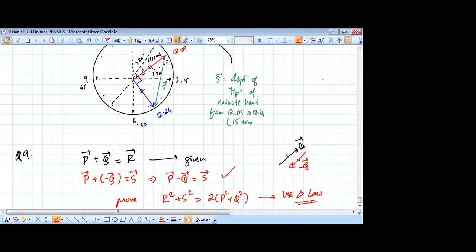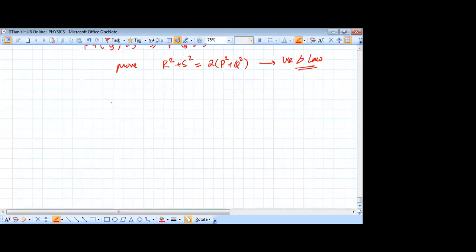Okay, so hope you understood the question. So just use triangle law. Na? So magnitude of R is this. If theta is the angle between them, and magnitude of S is this.